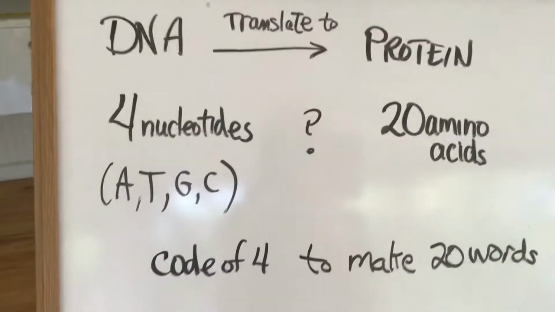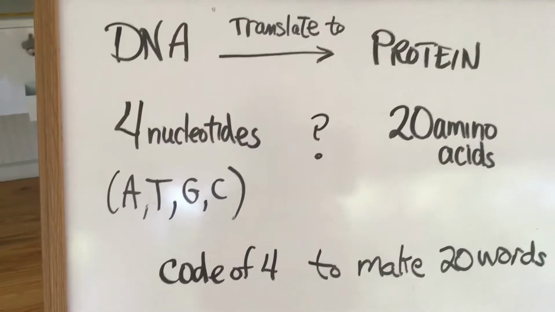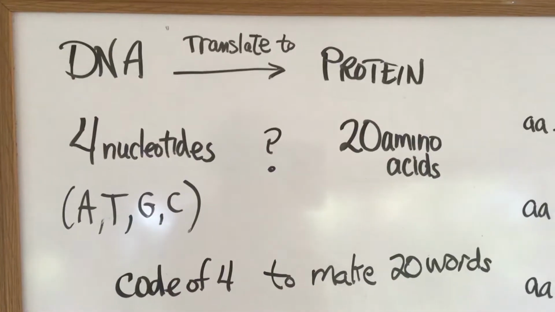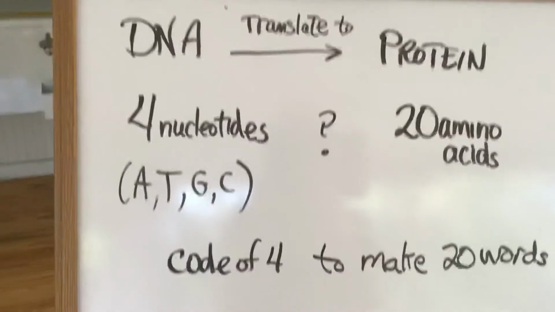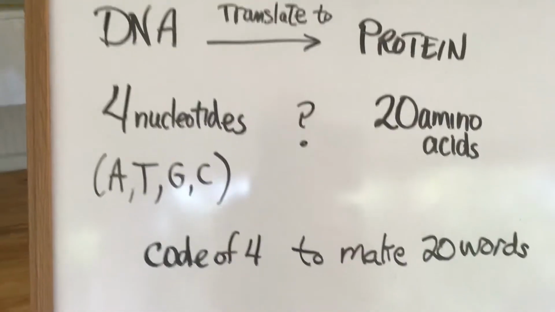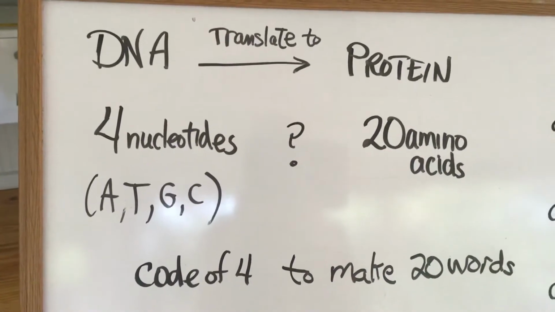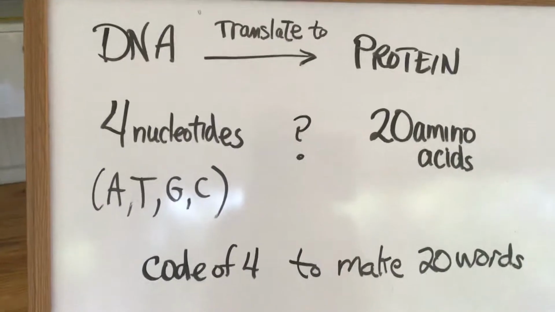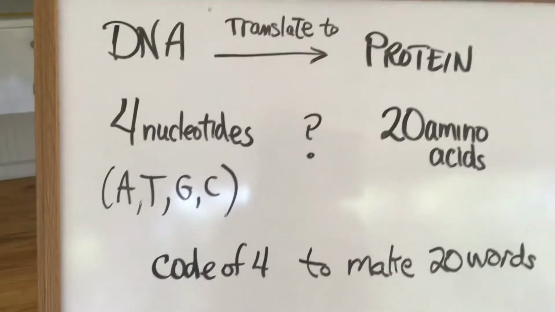But one of the problems is we have 4 nucleotides, that is adenine, thymine, guanine, and cytosine, and we're going to translate that into 20 amino acids. So this is kind of like taking numbers and representing the letters of the alphabet. For example, 1 equals A, or you could say 0 even if you wanted to, 2 equals B, so forth down the line.